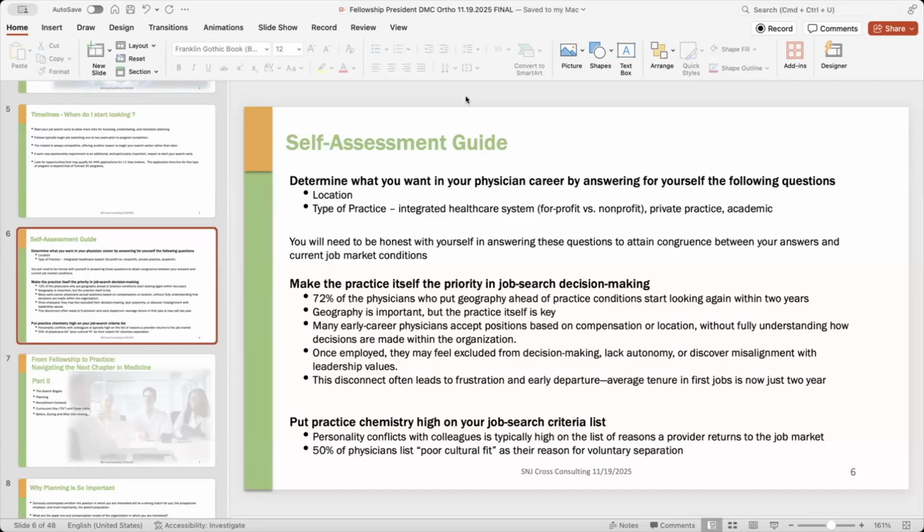Do you want to be in an integrated healthcare system? If you want profit versus nonprofit, there's a big difference between those two. Having worked in both of those settings, one of the big differences with the for-profit organizations, your earning potential is much greater.